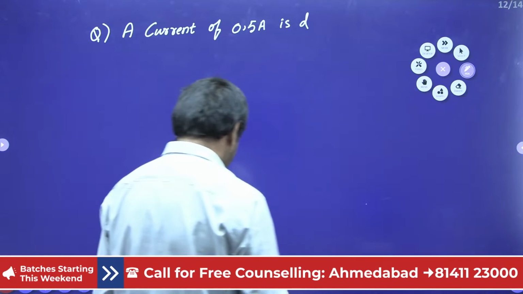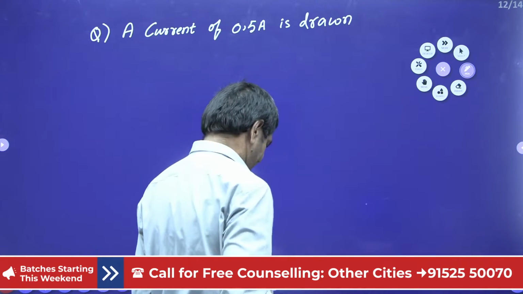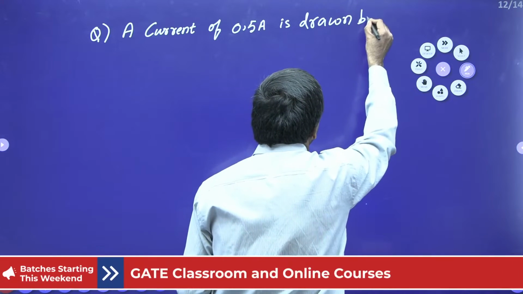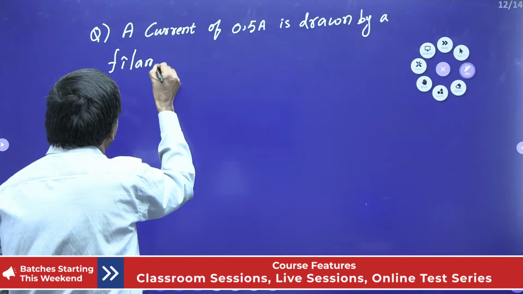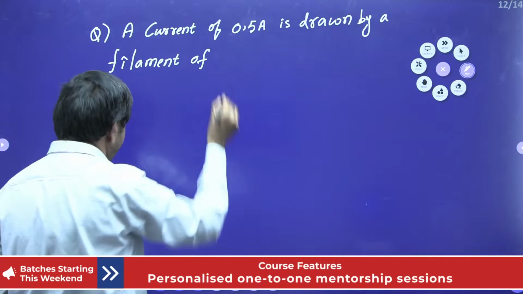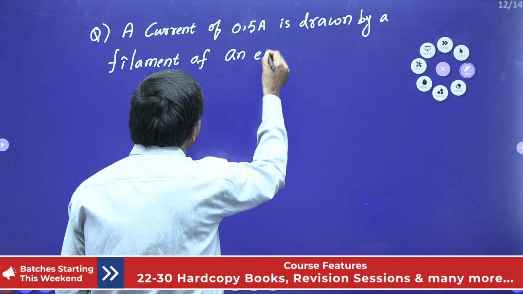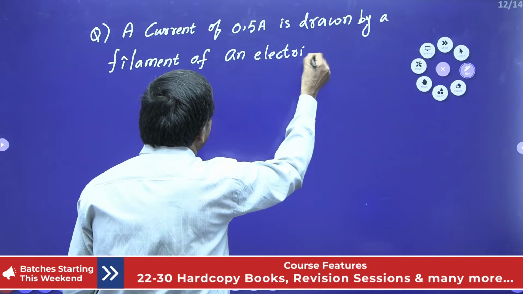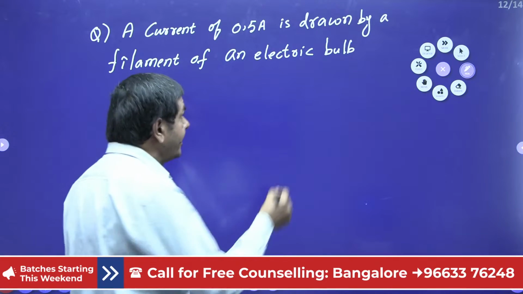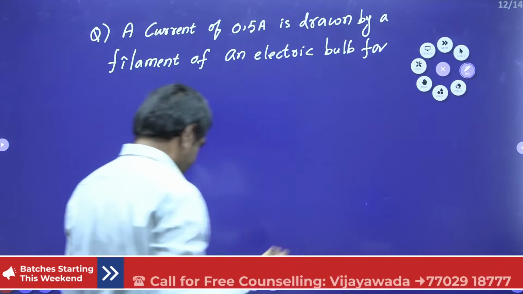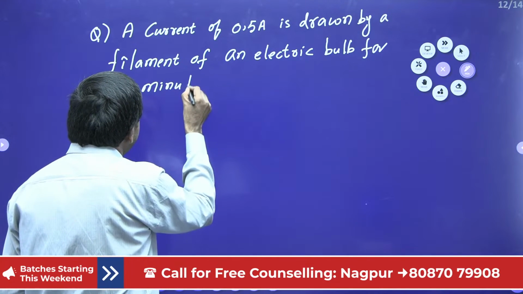A current of 0.5 amperes is drawn by a filament of an electric bulb for 10 minutes.